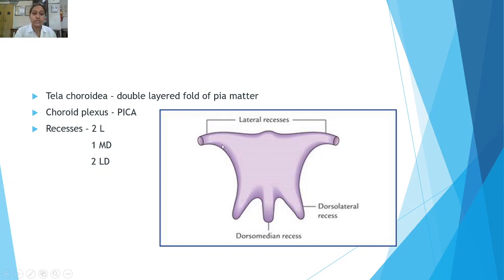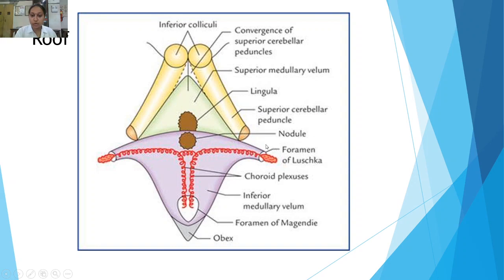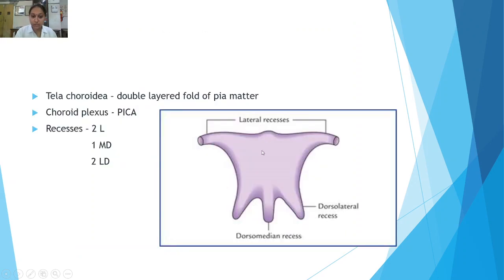So we have two large lateral recesses, one dorsal midline recess and two dorsolateral recesses. The two lateral recesses are near the floor, in between the flocculus of the cerebellum and the nodule. At the apex of the two lateral recesses we have the foramina of Luschka.